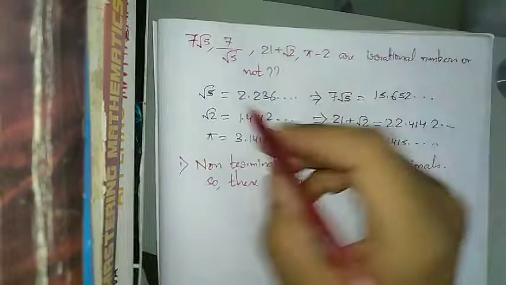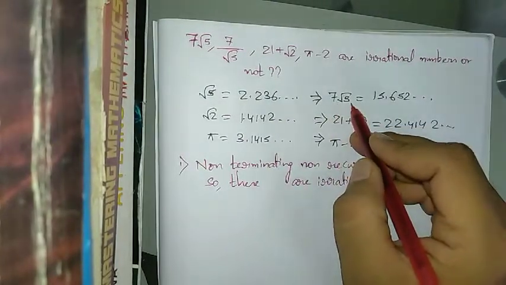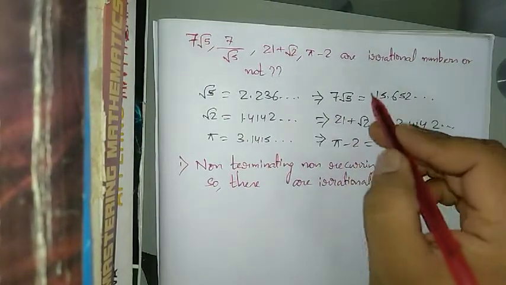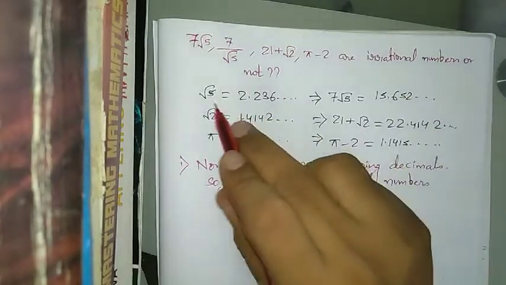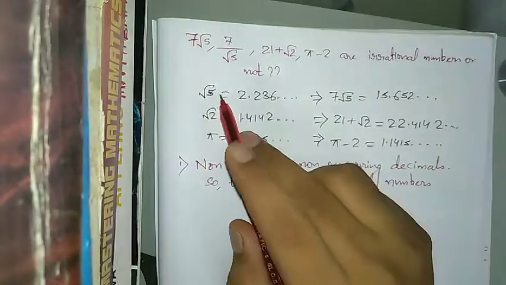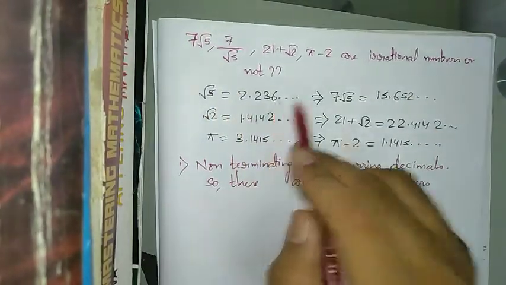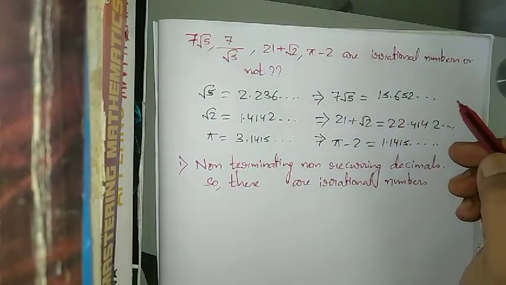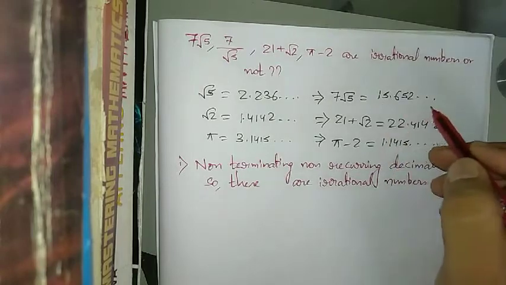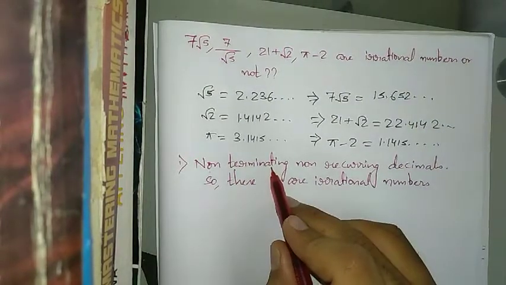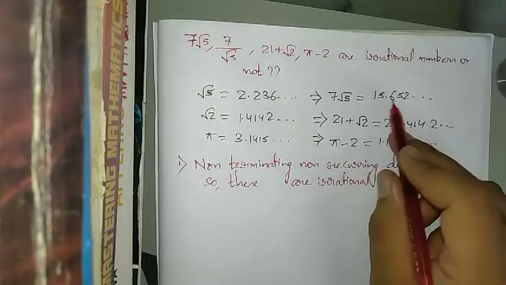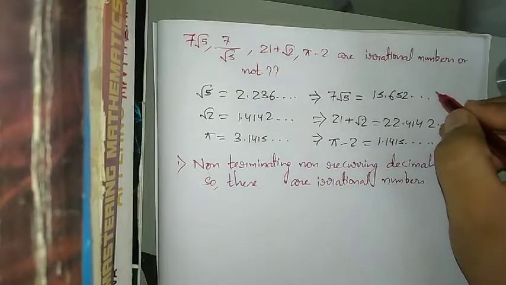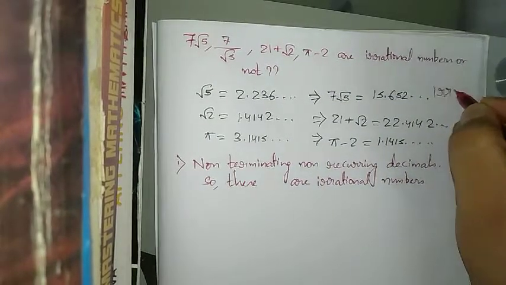Any rational number which is multiplied with an irrational number will give you an irrational number only, because root 5 value is this. 7 root 5, you just multiply 7 with it, so you are getting this value, and this goes on. So this is also a non-terminating and non-recurring decimal, so this is also an irrational number.